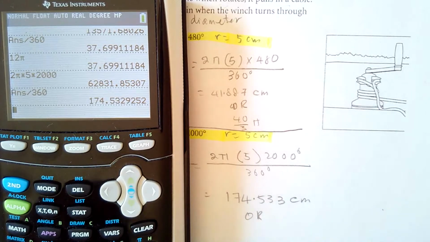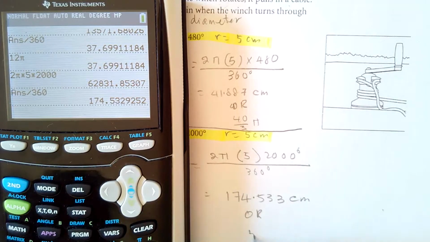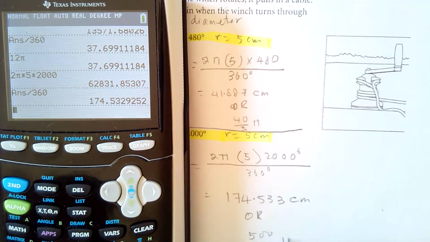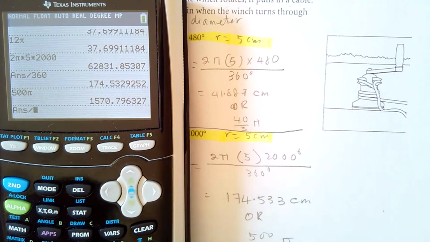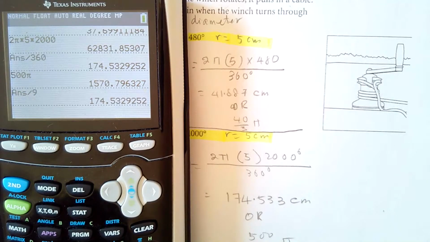Or if you're going to write it, 500 over 9 pi. So you have the same result.